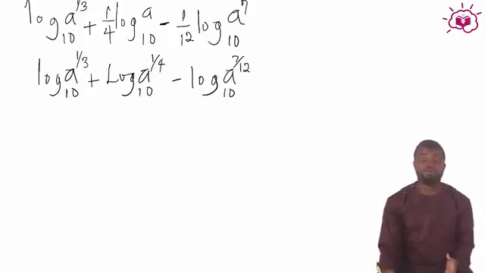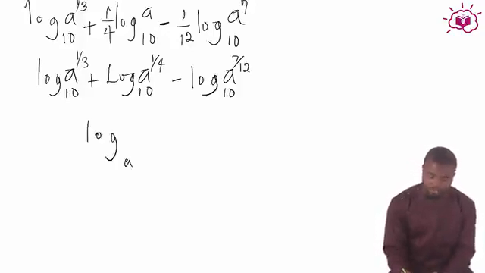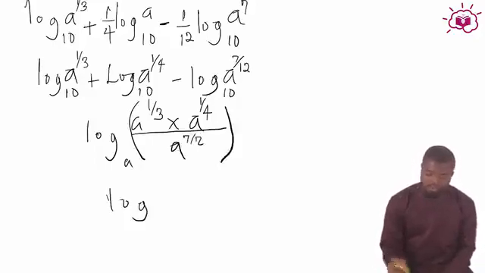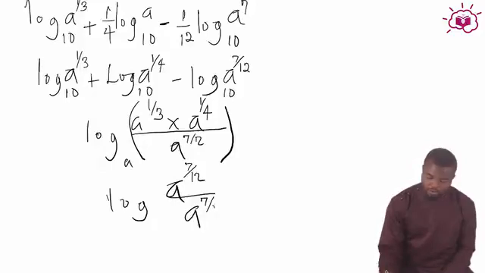Since there are no coefficients in front of the logarithms now, we can bring them together. We'll have log of a raised to the power 1 over 3 times, since they are adding, a raised to the power 1 over 4, and because of that subtraction, we divide by a raised to the power 7 over 12. This is easy. Multiplying together gives log of a raised to the power 7 over 12 over a raised to the power 7 over 12, base 10.